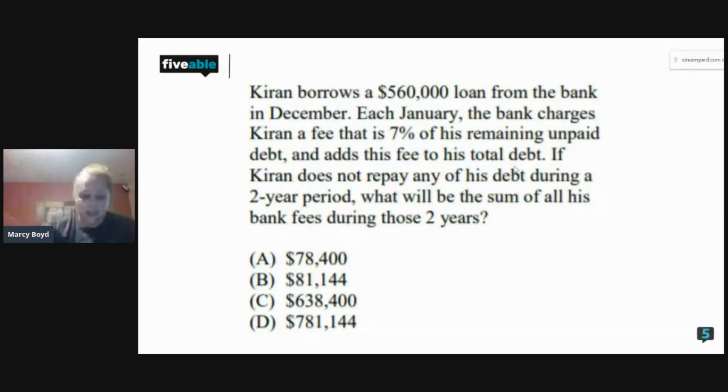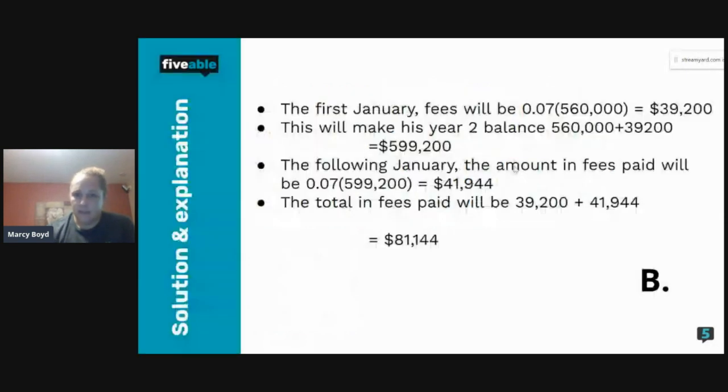Then the next January, he's got to pay 7% of that, right? So now I got 41,944, plus his previous balance, which was that over here, in case I'm saying numbers too much.